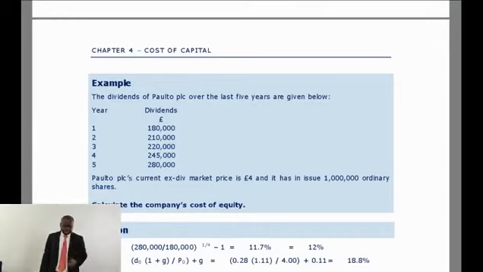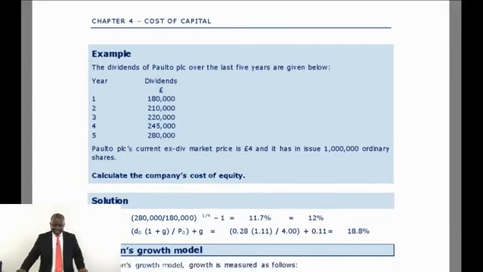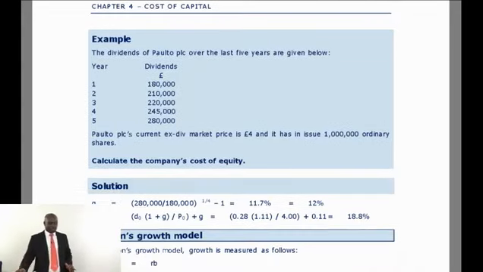Next example: the dividends of Porto PLC over the last 5 years are given below, year 1 up to year 5. Porto PLC's current ex-dividend market price is £4, and it has 1 million ordinary shares in issue. Calculate the company's cost of equity.